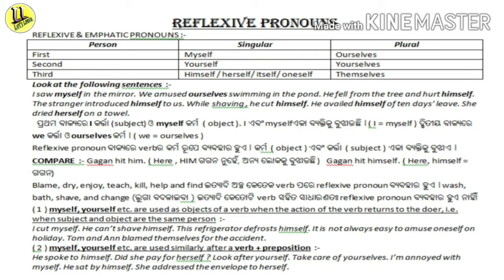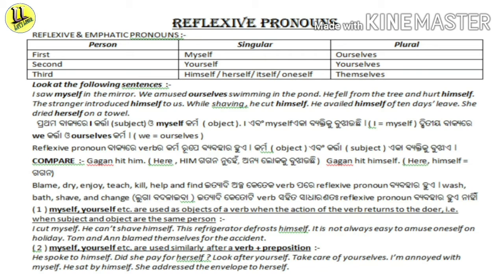And then the first point is also an important point. Mark it. Myself, yourself, etc. are used as objects of a verb when the action of the verb returns to the doer, that is, when the subject and object are the same person. For example, you see, I caught myself.